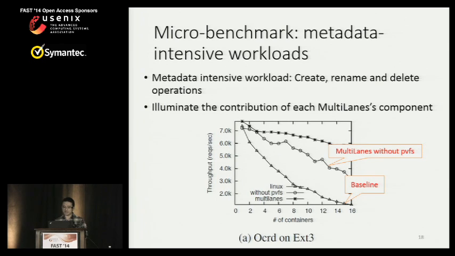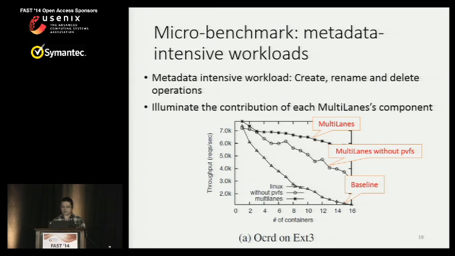The performance gain mainly comes from the file system isolation with virtualized storage devices. Complete MultiLanes further improves the performance, owing to the partitioned virtual file system, which eliminates the contention within the VFS layer and exhibits nearly null scalability loss.